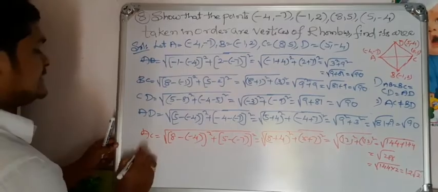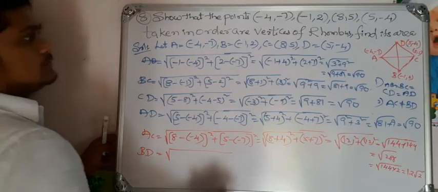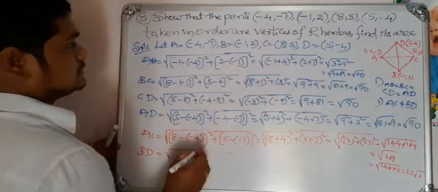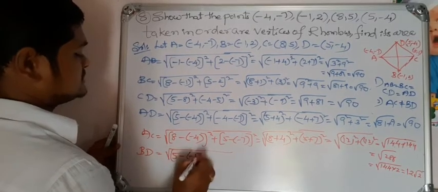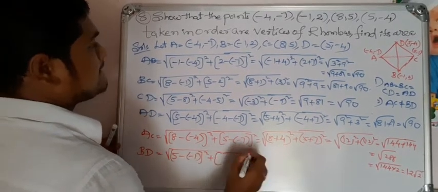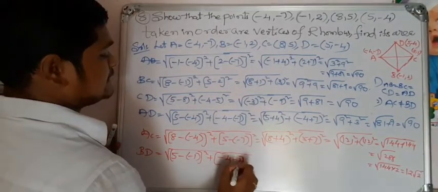Next find BD. BD is equal to root over the second point and last point: (5 minus of -1) whole square plus (y2 minus y1), that is (-4 minus 2) whole square.